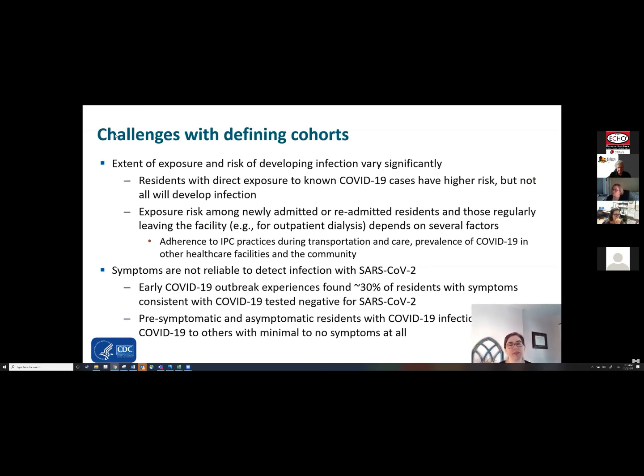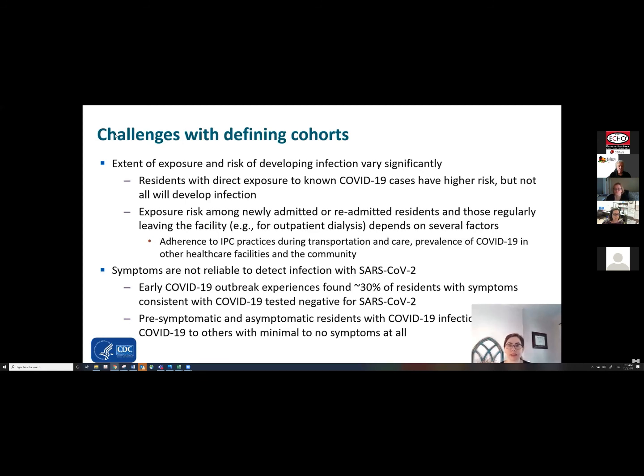And there are a lot of things that factor into this. So, for example, the IPC practices that were being used where these individuals were located, and the prevalence of COVID-19 in the community. If the prevalence is much higher, there's probably a higher risk that they could have been exposed.